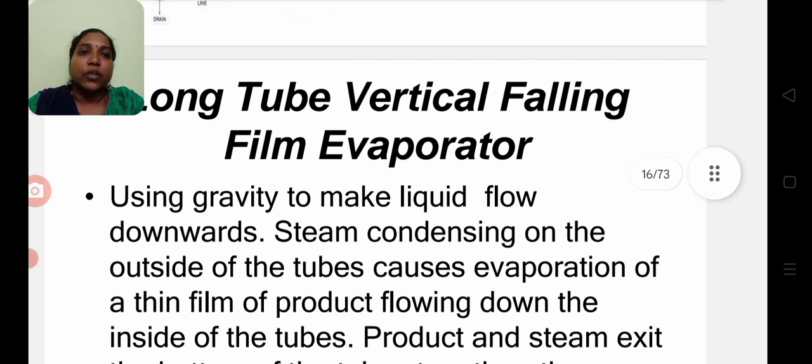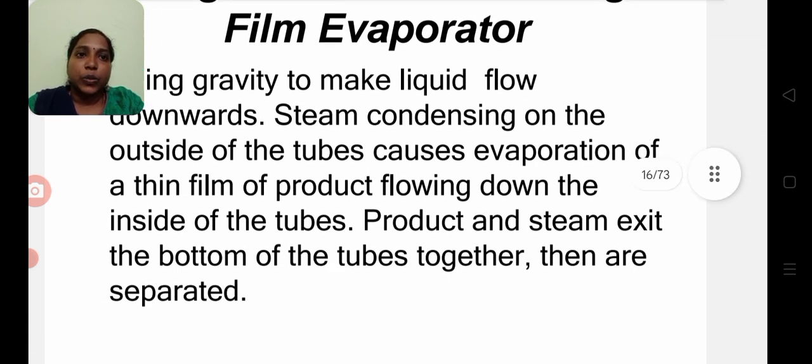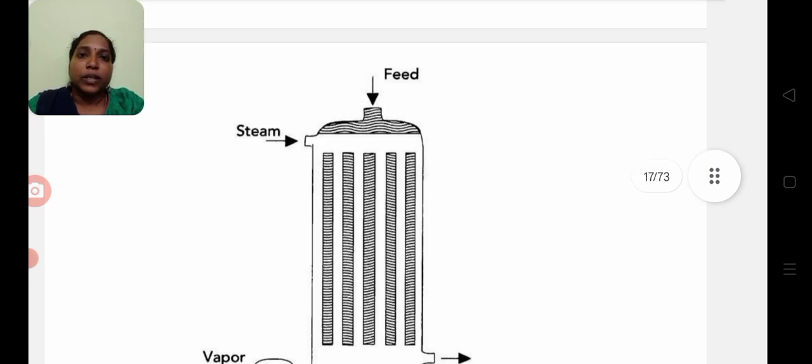And the long tube vertical falling film evaporator, in this case gravity is used. In the last case, the feed is given from the bottom of the equipment. In the falling film evaporator, the feed is given at the top of the equipment.